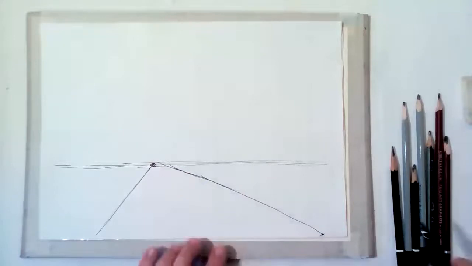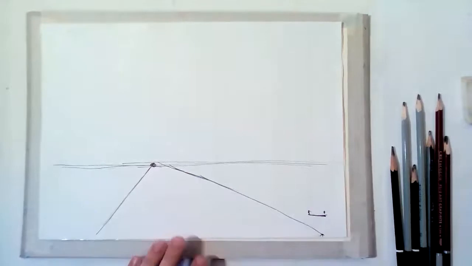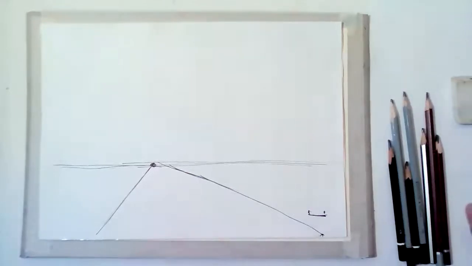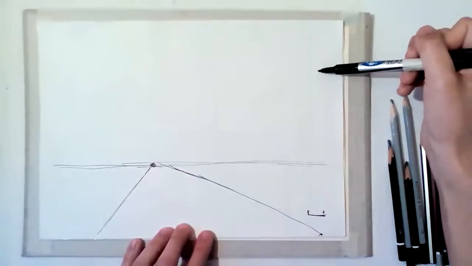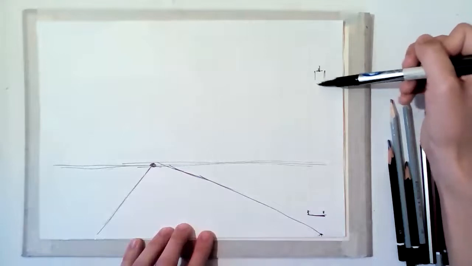The best way is always, I choose the biggest street lamp, and then I mark where it starts, where it ends. So not till the top, but still pretty high.